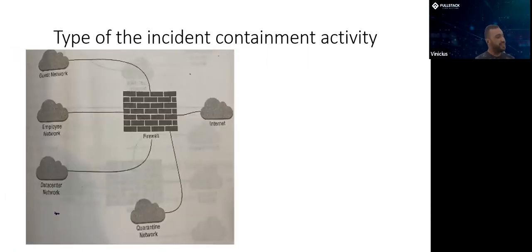So look at this situation. Now everything is under the firewall. The network is separating that infected network, but they are still under the same firewall. They're kind of together yet. So what kind of isolation is that? Containment, that's the right word.